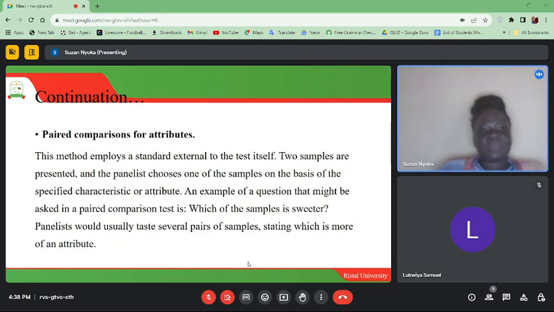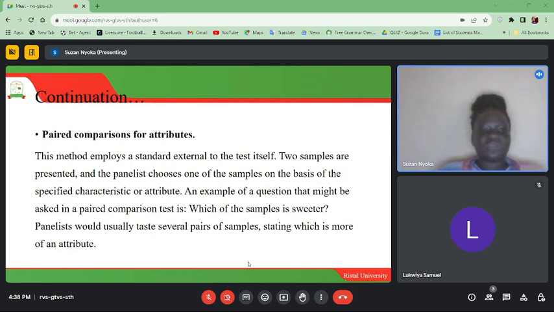And then the paired comparison for attributes, still an example of a discrimination test. This method employs a standard external to the test itself. Two samples are presented and the panelist chooses one of the samples on the basis of the specified characteristics or attributes. An example of a question that might be asked in a paired comparison test is which of the samples is sweeter?